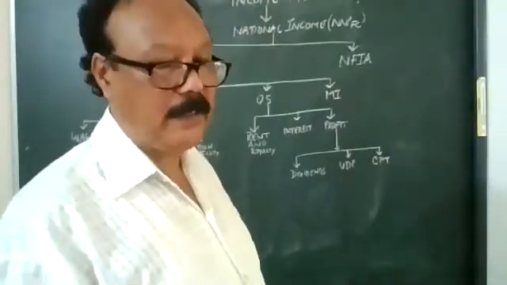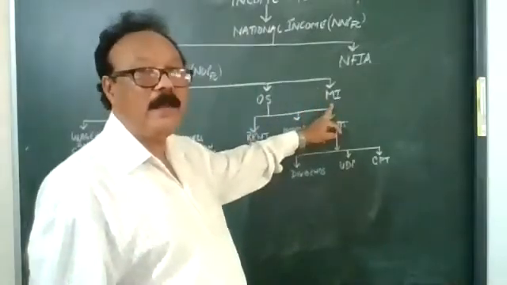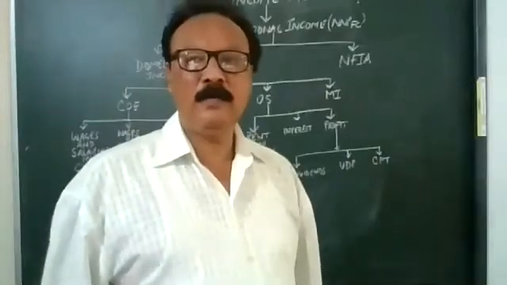Now, the third part of the domestic income is MI, mixed income. What is mixed income? Write down.